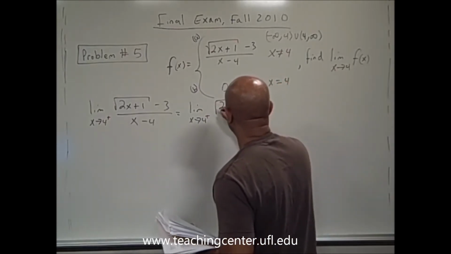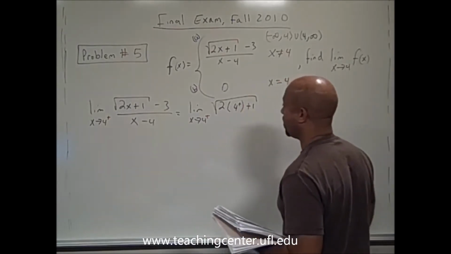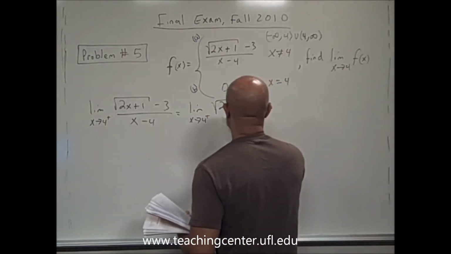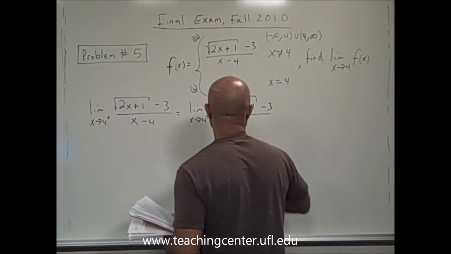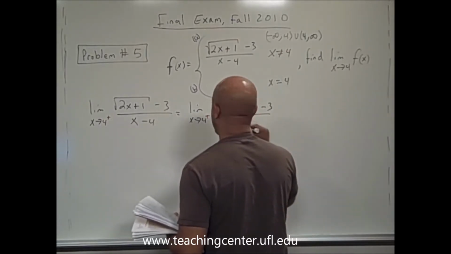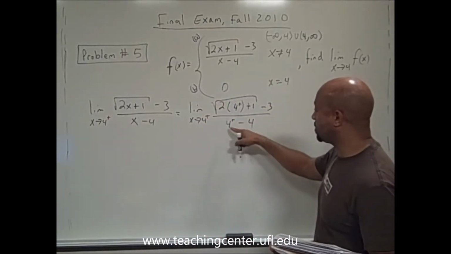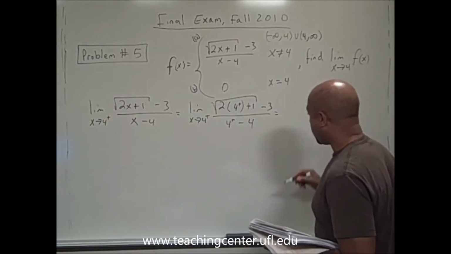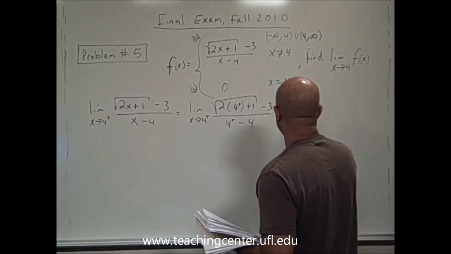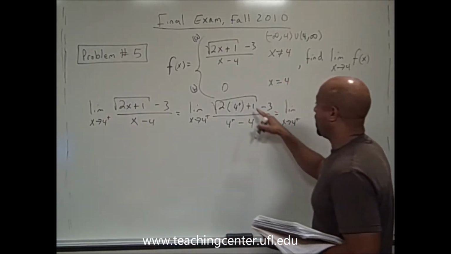So I use the notation 4 superscript plus that denotes some number greater than 4. This is how I would write it with direct substitution, some number slightly larger than 4. And when we evaluate this, it is the limit as x approaches 4 from the right.